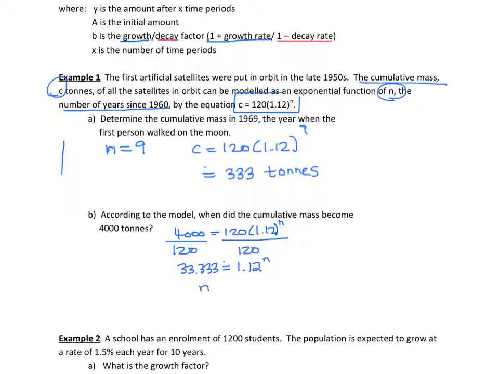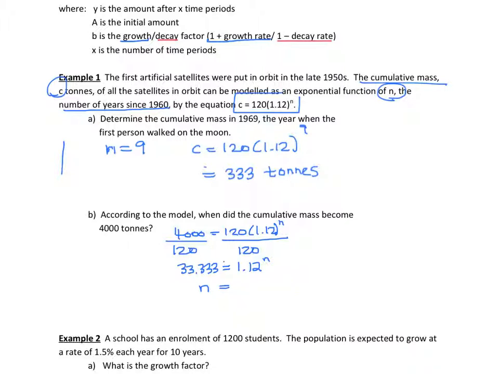So then we can rewrite that in logarithmic form and say n is the same as log 33.333 repeated. Sorry, I'm jumping ahead here, aren't I? Base 1.12. I didn't write that very clearly. Let me make that a little bigger.